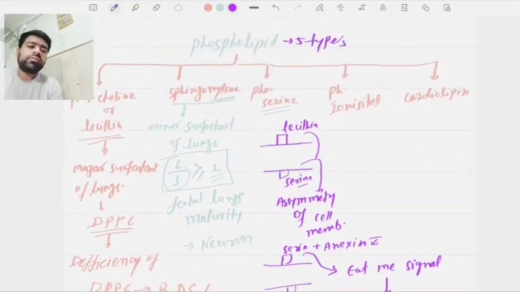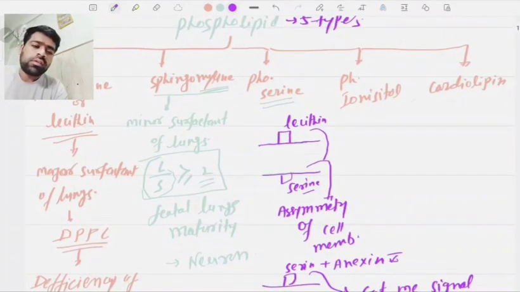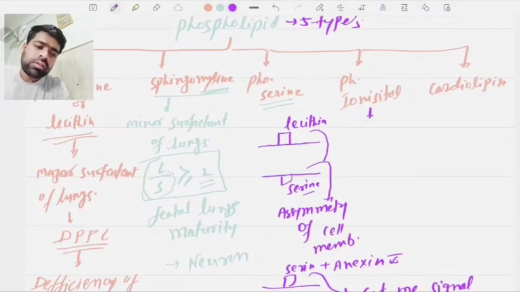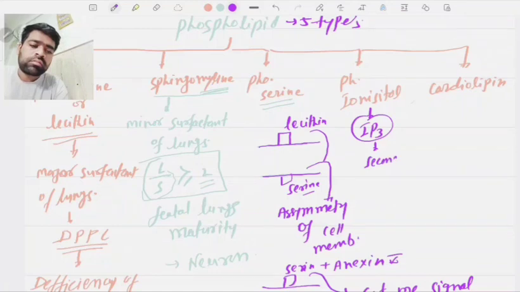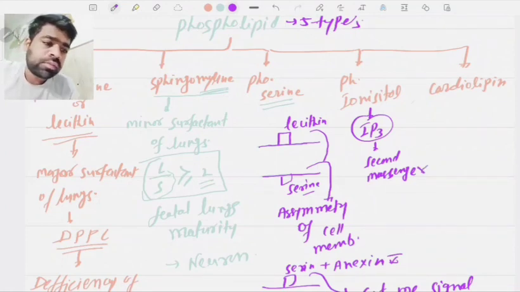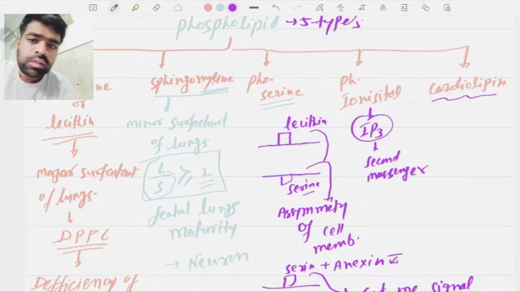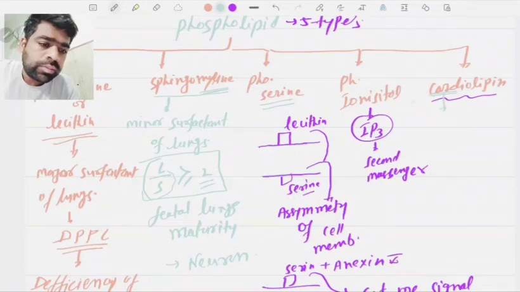And the fourth one is phosphatidyl inositol. Phosphatidyl inositol gives IP3, which acts as a second messenger. Last one is cardiolipin. Cardio means heart. Cardiolipin is present in the mitochondria of the heart.